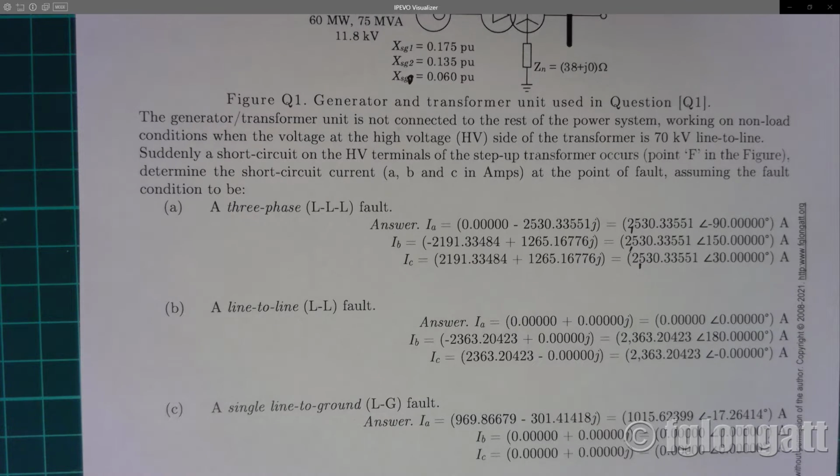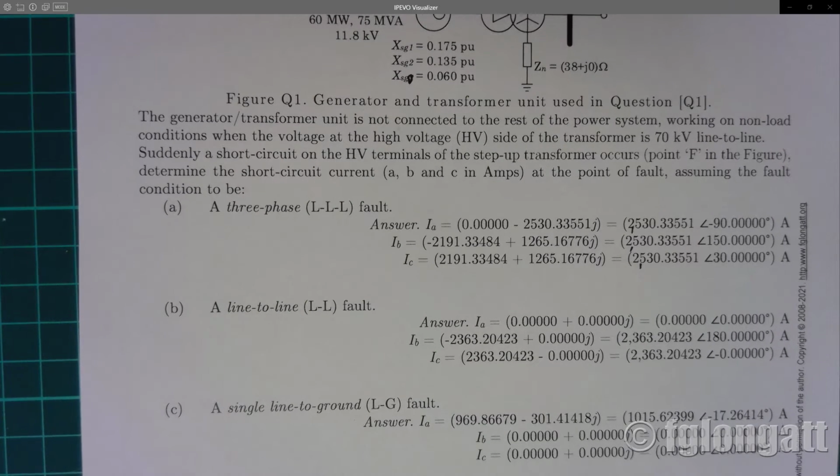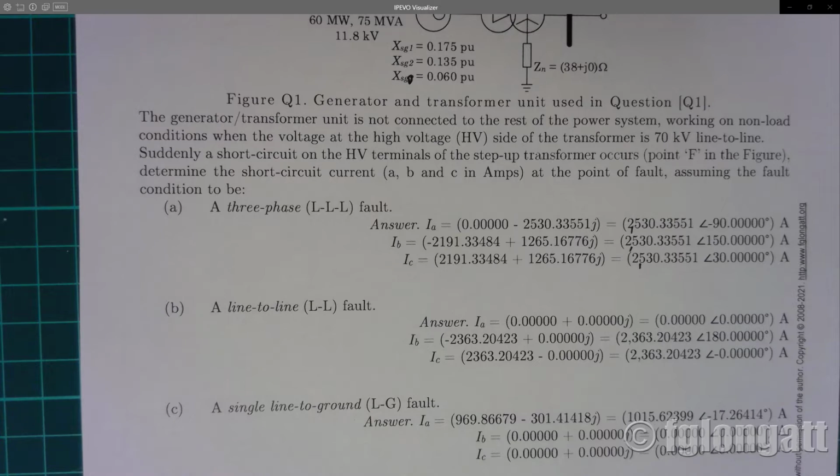The first one is three-phase short circuits. I know three-phase short circuits are symmetrical faults, but the idea is that you must understand how to use symmetrical components in order to perform calculations in electrical power systems. And then we have a line-to-line fault, and finally a single line to ground fault.